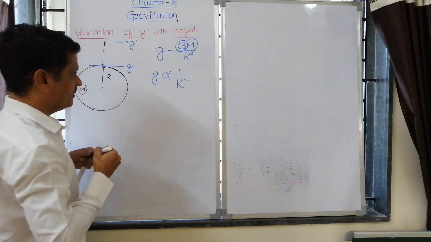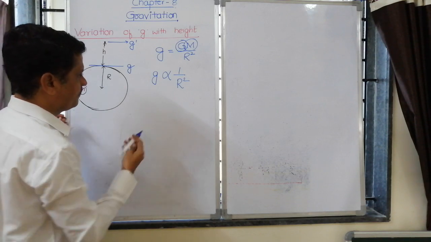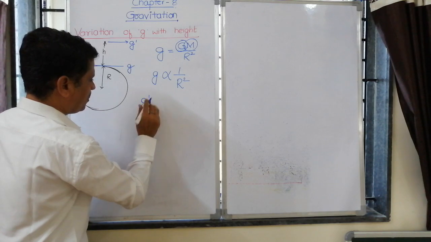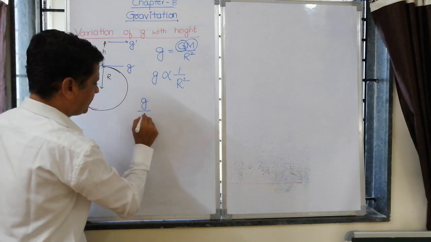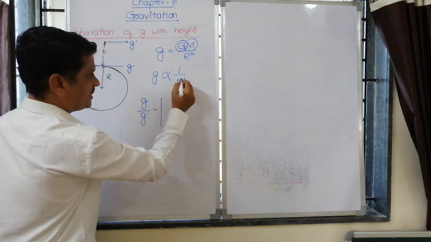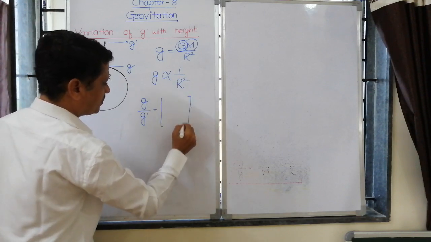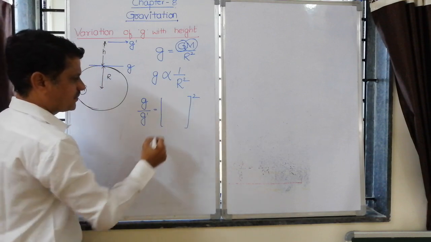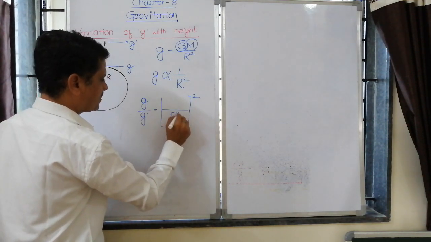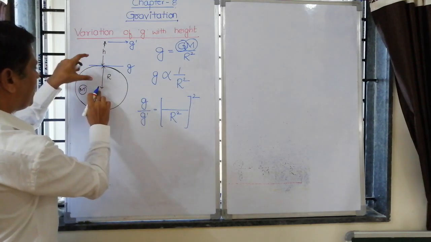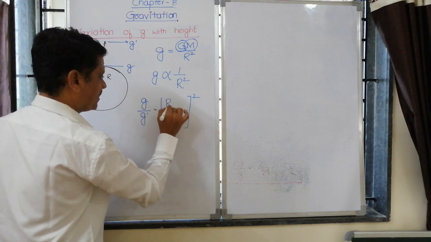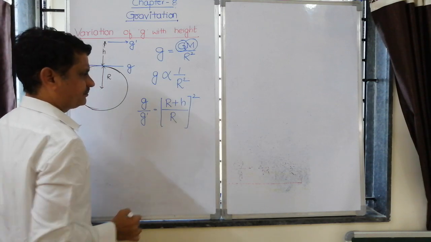Then if I write g divided by g dash, since it is inversely proportional to square, I can put common square. Here g means R square, g dash means (R plus h) whole square.